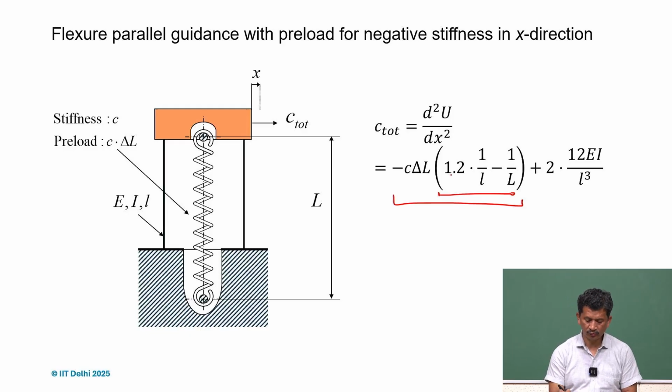So 1.2 divided by l minus 1 over capital L has to be greater than 0.